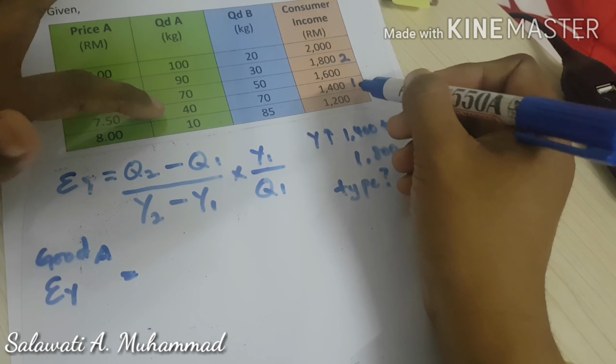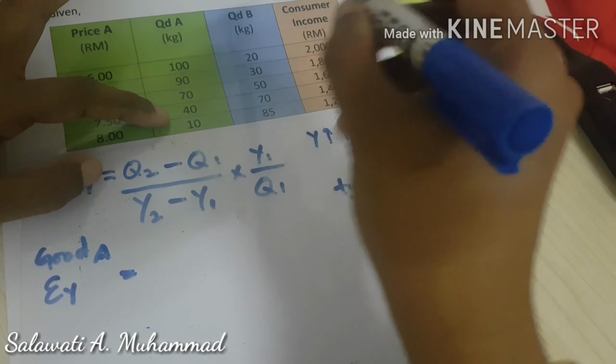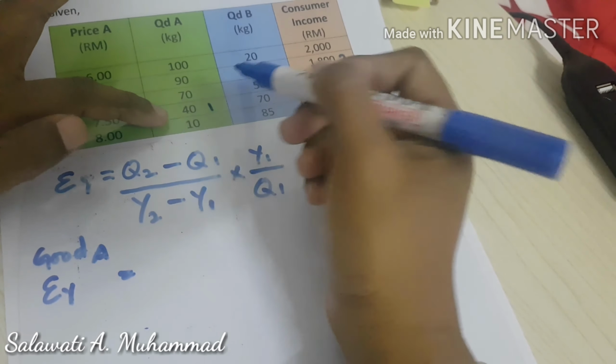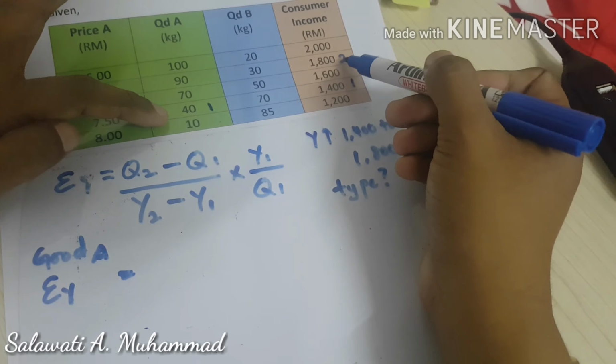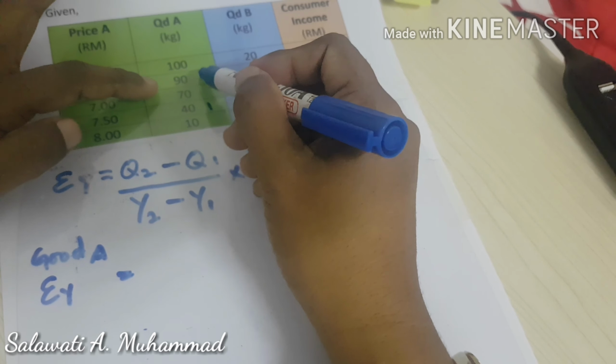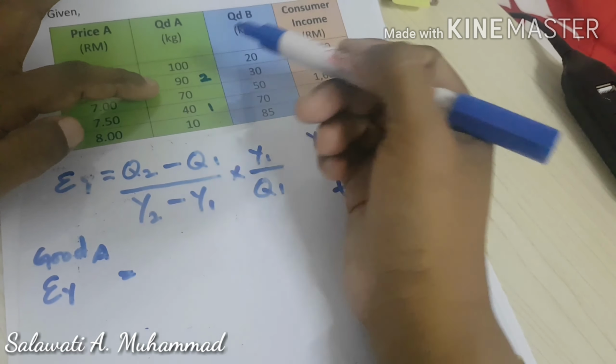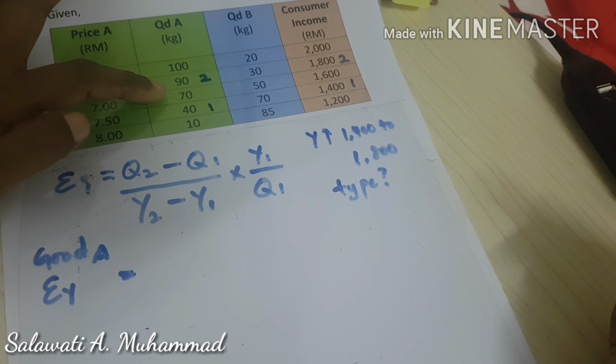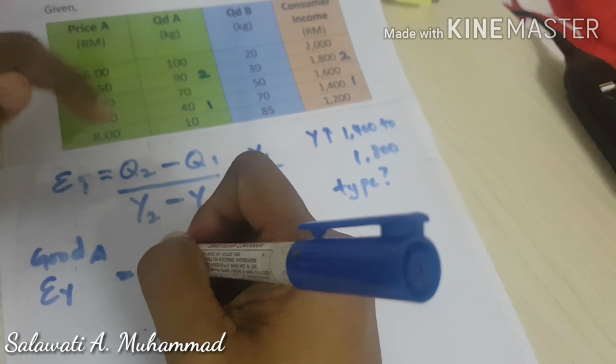Quantity A for row 1 is 40, so 40 becomes our Q1. For 2, the same row, is 90. So this is Q2.